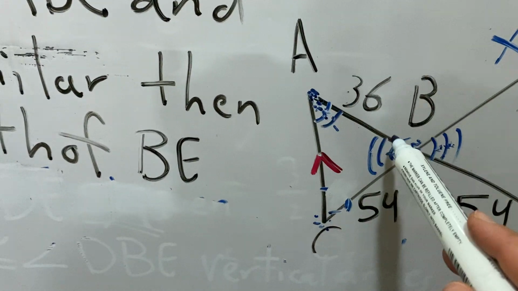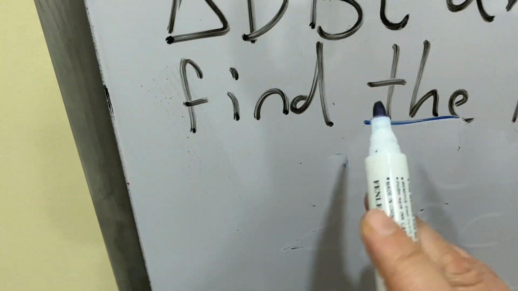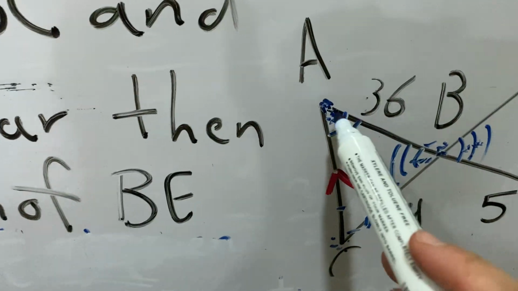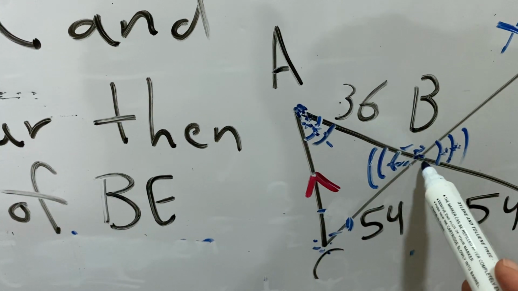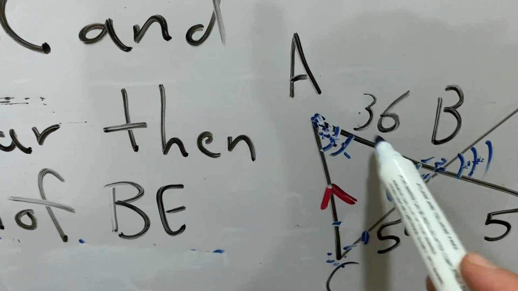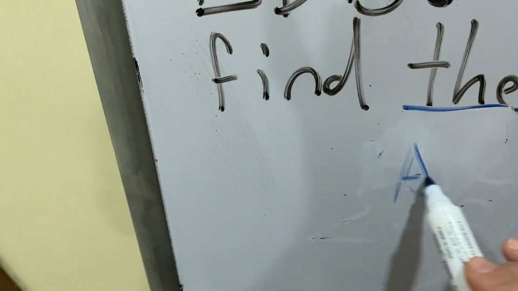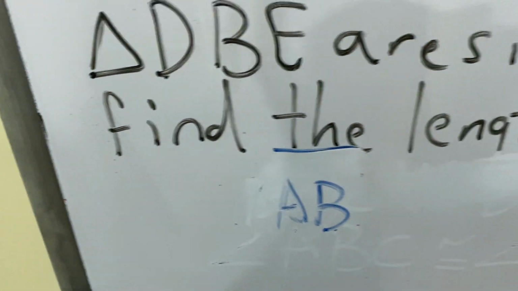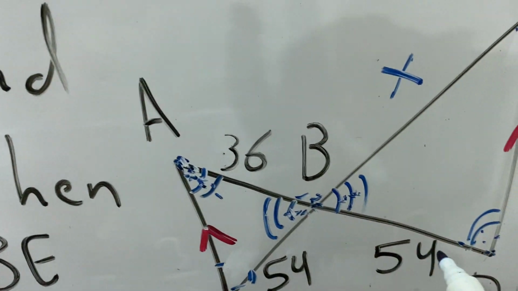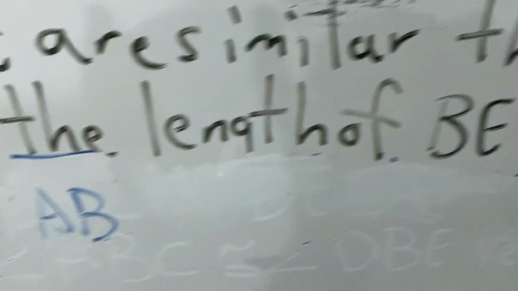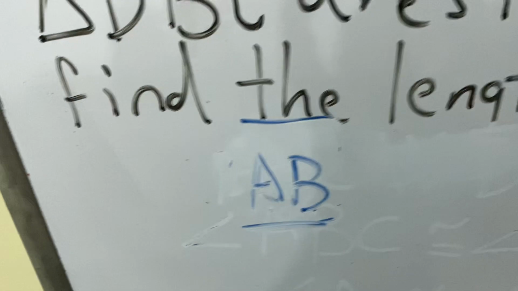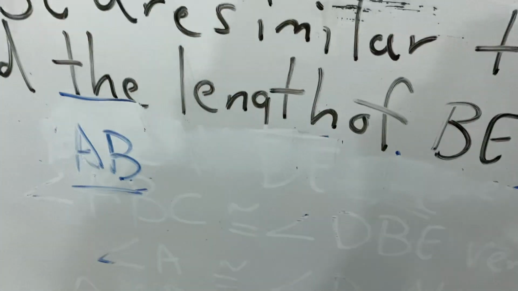If I start from here, 36, which is, by the way, AB, of course. And of course, in the side, we have to name it by two letters, which is AB. I write it first by letters. AB. Okay. AB over the other side, which is DB. Okay, we can use another marker, better.